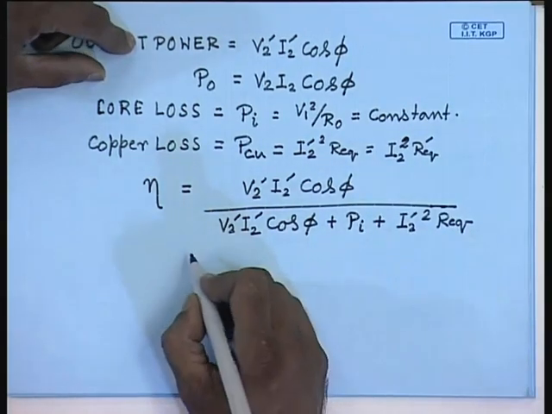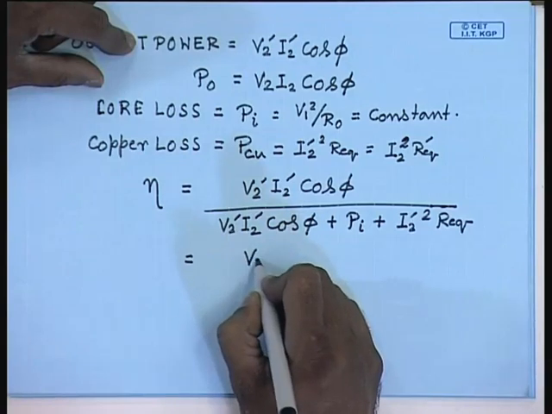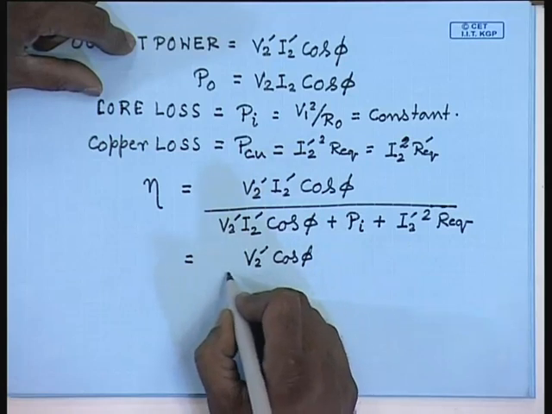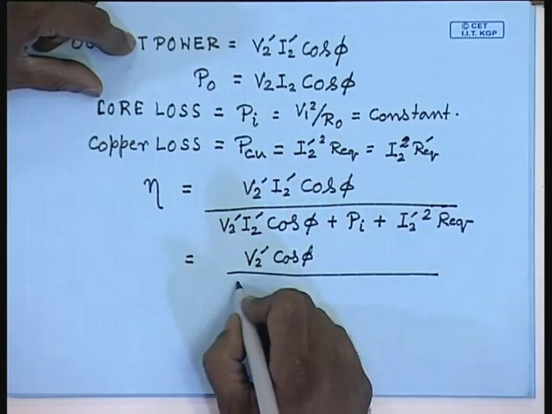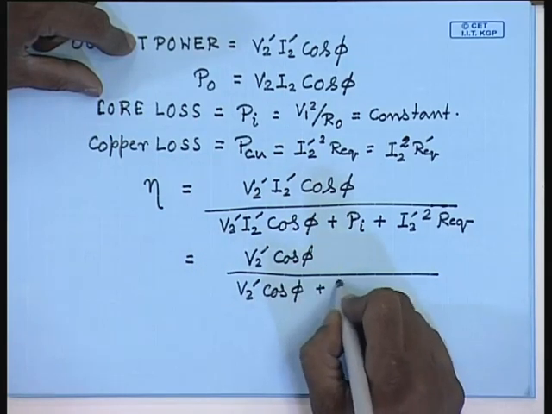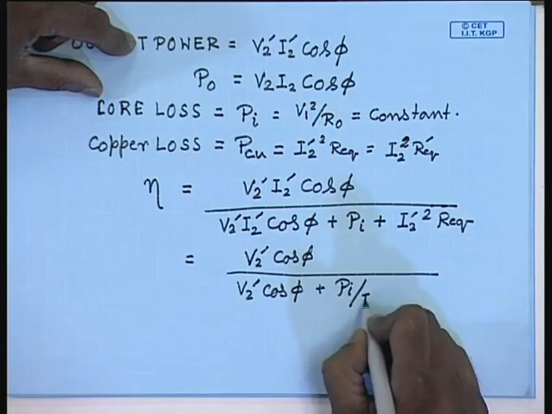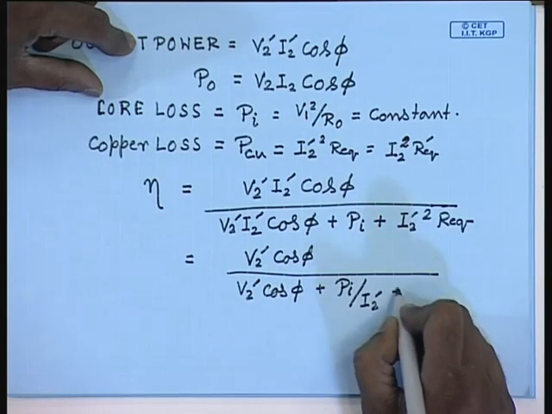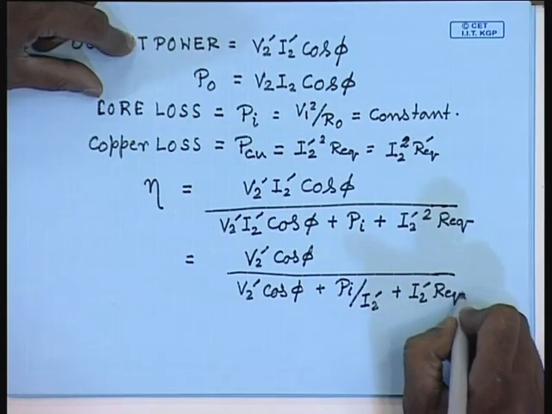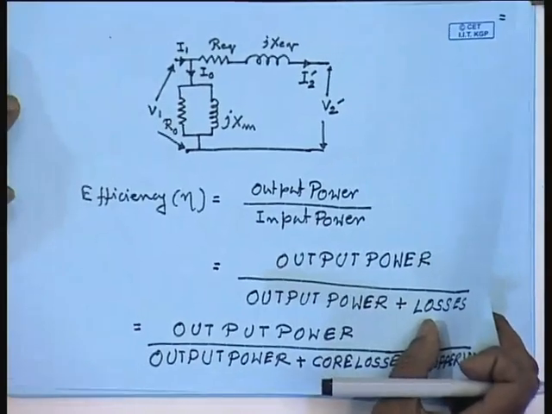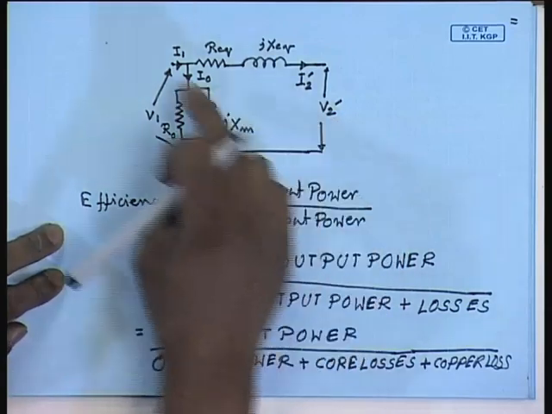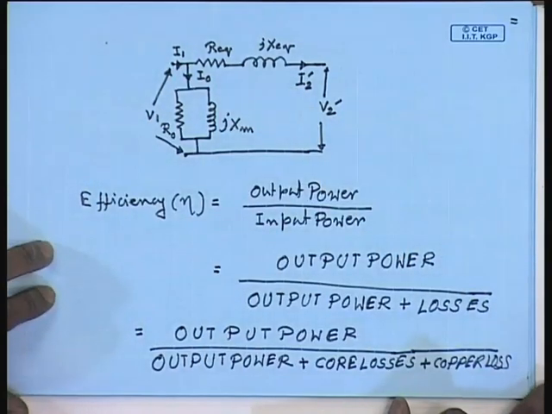which again can be written as... In a general transformer, the variation of V2 dash with I2 dash is usually very small.